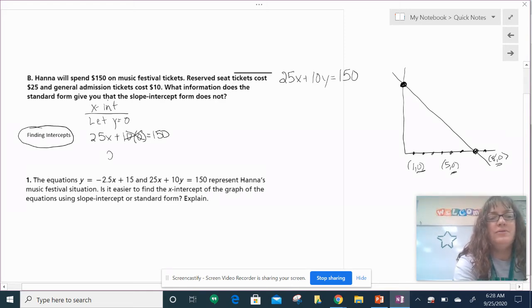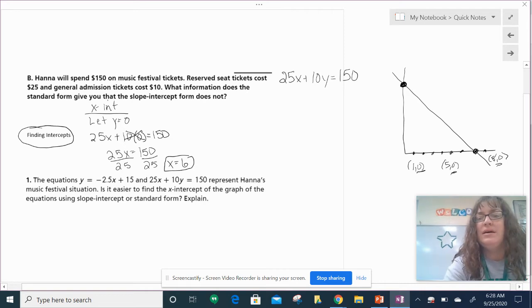So now I have 25x is equal to 150, and I can quickly divide by 25 and get an answer of x equals 6. And so what that tells me is that my point out here, where my line crosses the x-axis, is going to happen at 6, 0.